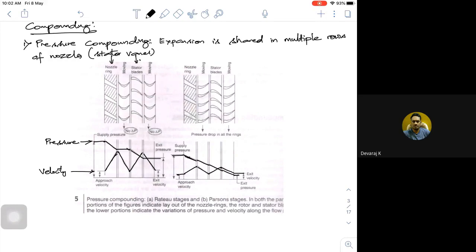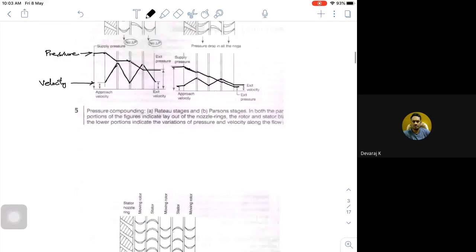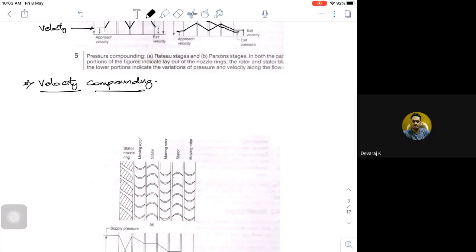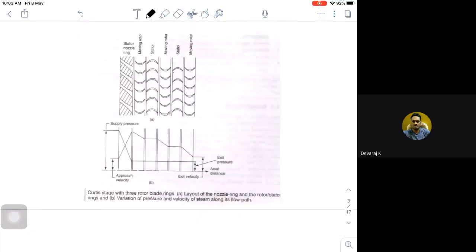Okay. Now the second one, the velocity compounding. Okay. Let's look at it. What's happening here? You have the velocity here. This is where the fluid, steam, enters.